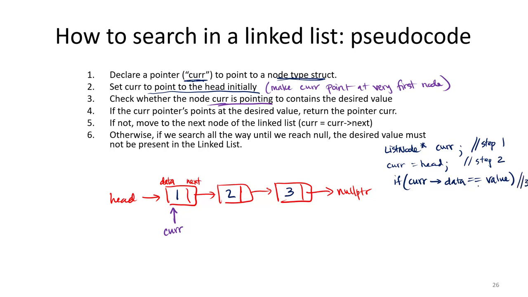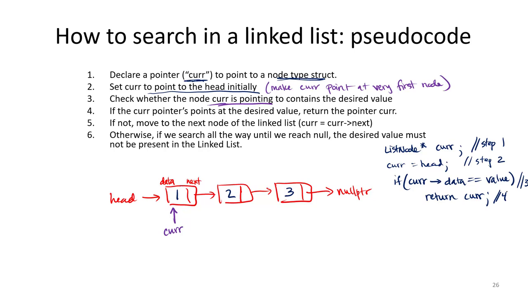Is current arrow data, which is 1, equal to 3? Is 1 the value I'm looking for? If current arrow data does contain the desired value, then I could return cur. Basically, I would return that pointer pointing to that desired node. I could also, if I chose, return a true or a false, or increment a counting variable.